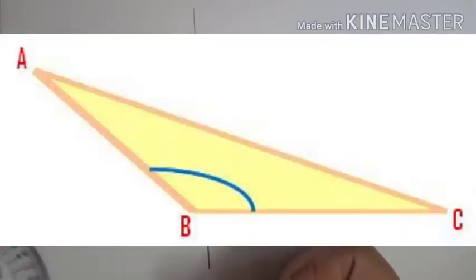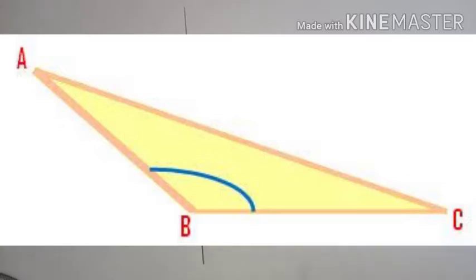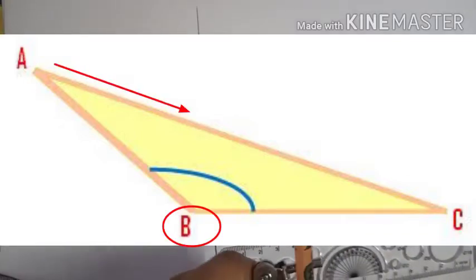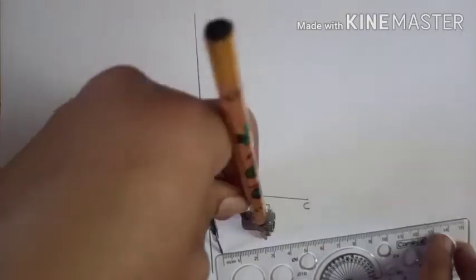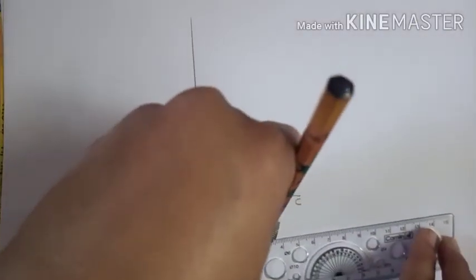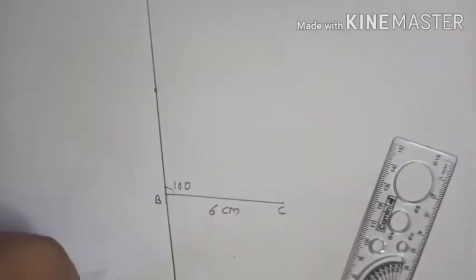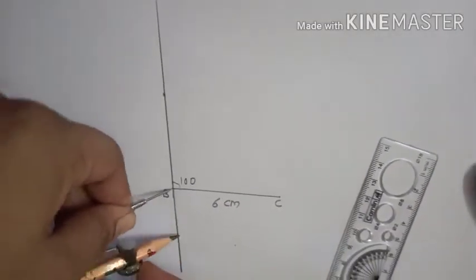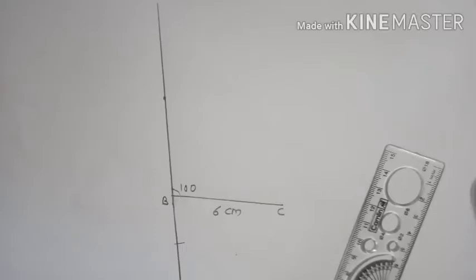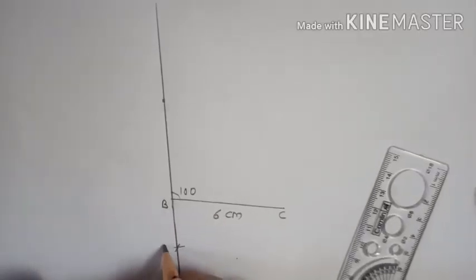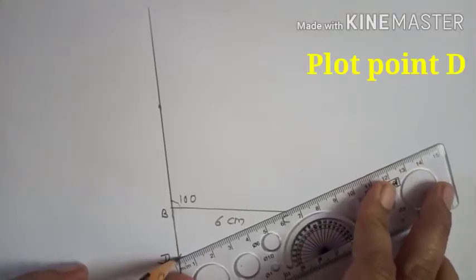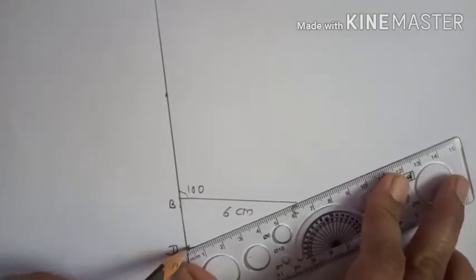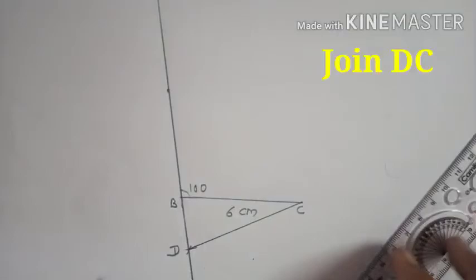Now in this example, angle B is given and the difference between AC and AB is given. Therefore, we will take in the compass the measurement of their difference, that is 2.5 cm, below BC on the ray of the 100 degree angle, which is point D. Now join DC.